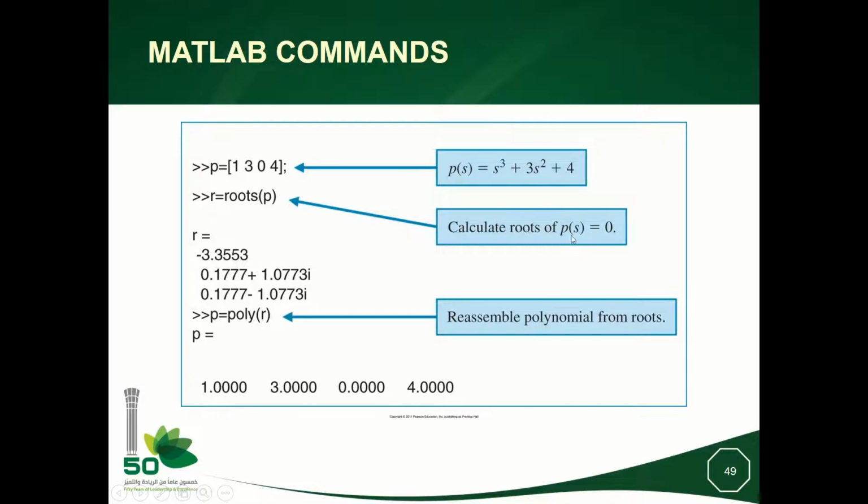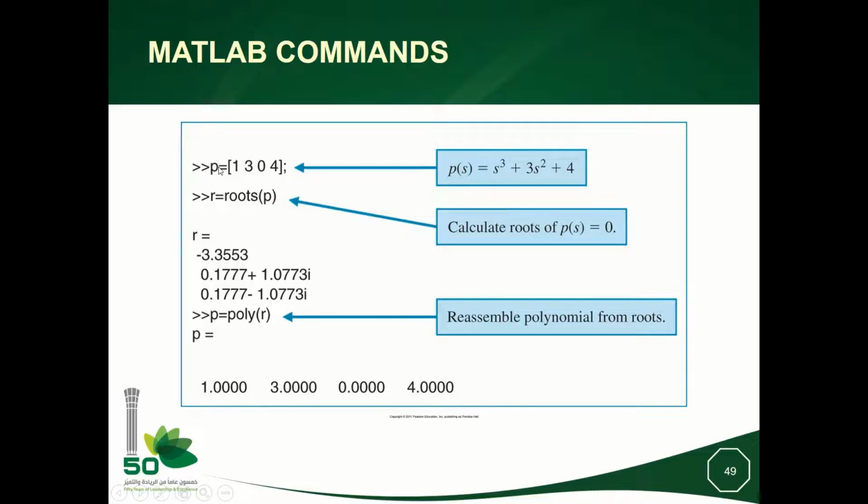If p(s) is describing the denominator of a transfer function, we can say that this system is not stable because we have 3 roots, one of them is negative, and the 2 remaining ones have positive real parts. So these 2 poles have a positive real part. Since they are not in the left-hand side of the complex plane, this system will not be stable.